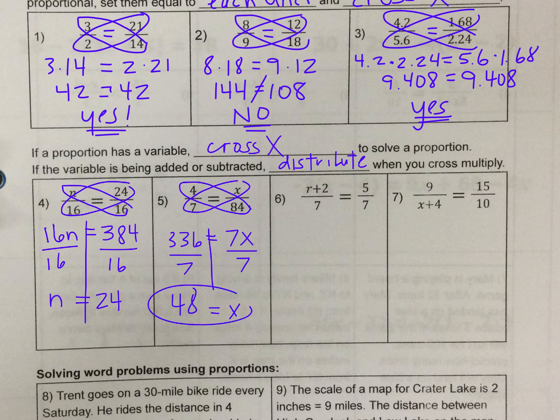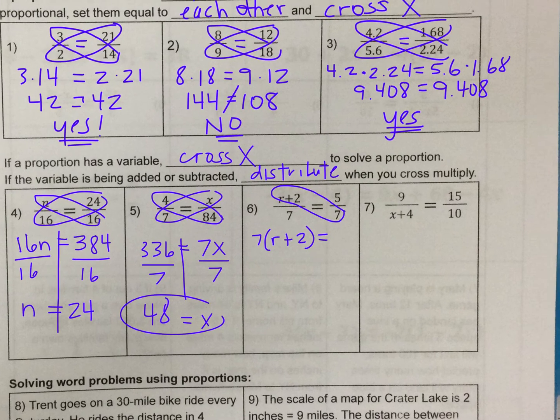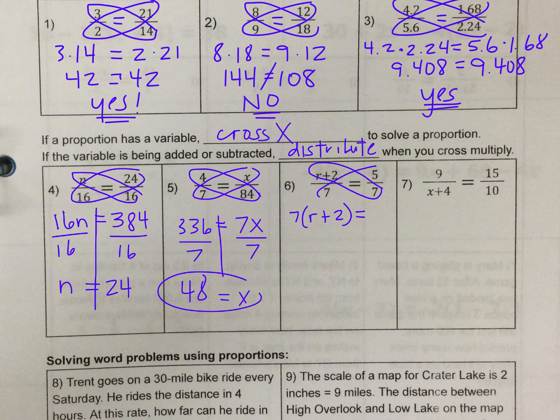All right. Number 6 and number 7 are a little bit different because we have to add a step. So we're still going to cross multiply, but in order to multiply 7 and r plus 2, I have to put a parenthesis. So that's my one side. My other side is 7 times 5 is 35.